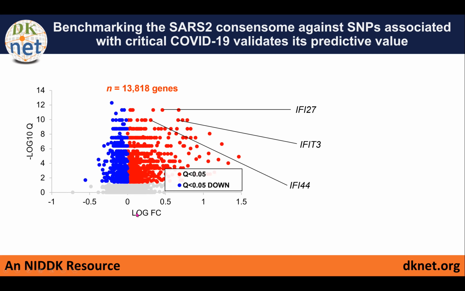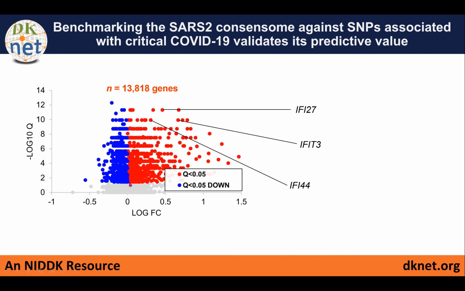And the results are depicted here in this familiar form of a volcano plot with the log FC in response to infection. So this is the amount that a particular underlying target is going to be upregulated in red, or downregulated in blue, and then we have the inverse of the log of the confidence here.